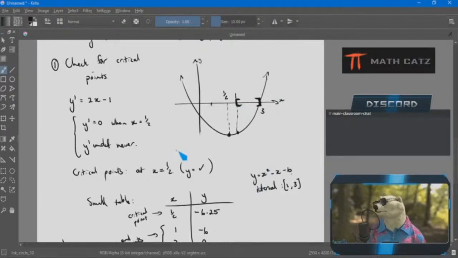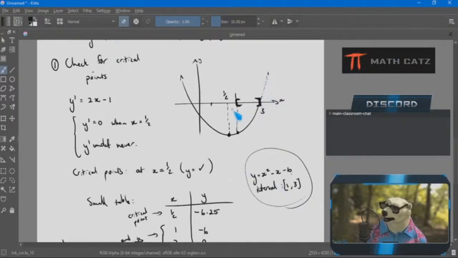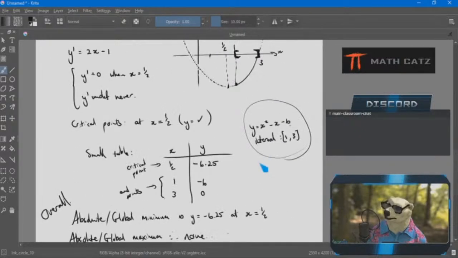However, in addition to the parabola, in addition to the function, if then an interval is specified, nothing else matters. Outside of that interval, literally it doesn't exist. Only that interval exists. Then my global minimum, this doesn't exist anymore because it doesn't fall in the interval.